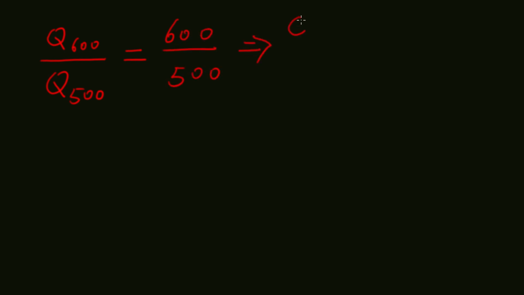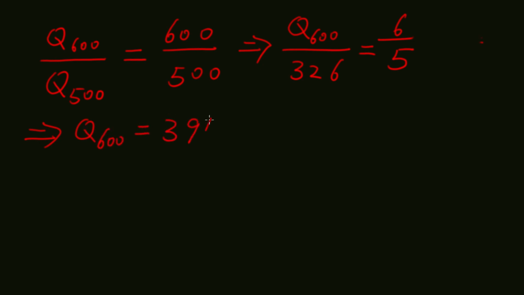Therefore, Q 600 divided by, at 500 RPM, the quantity is 326, equals 6 divided by 5. We solve Q 600, that equals 391.2 cubic meter per second.